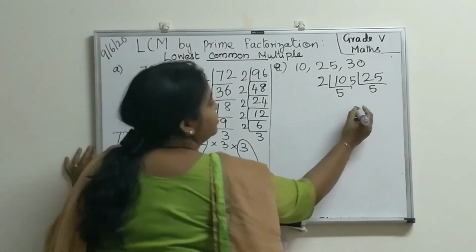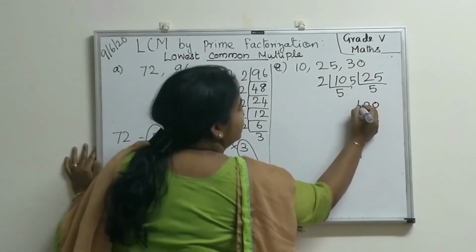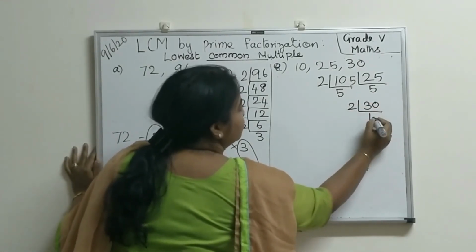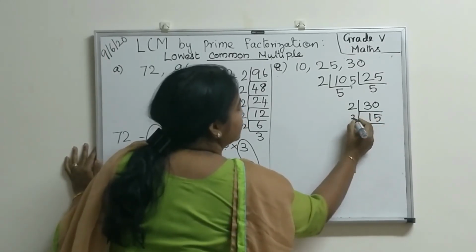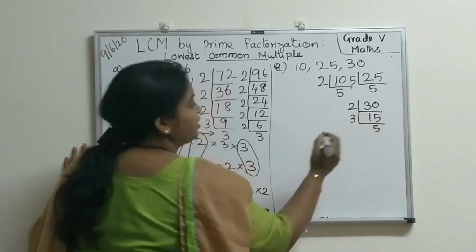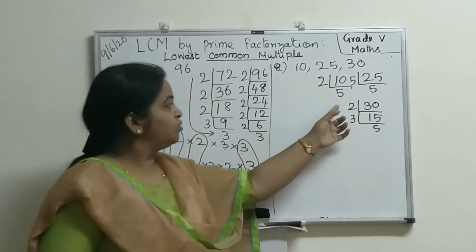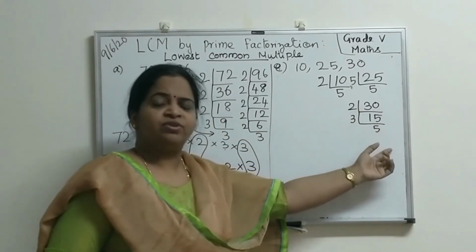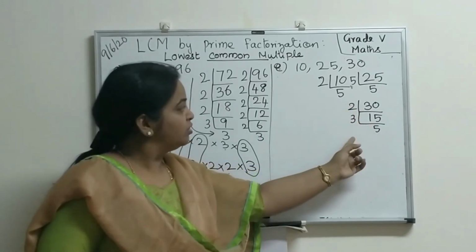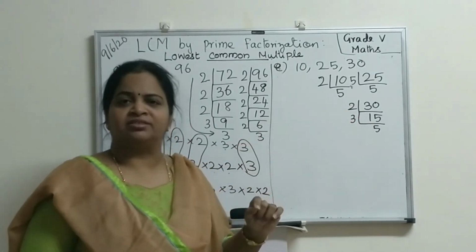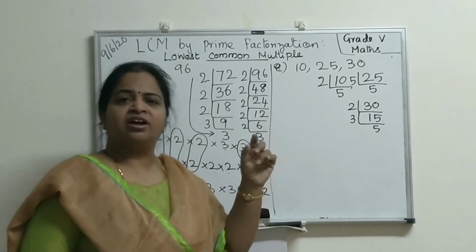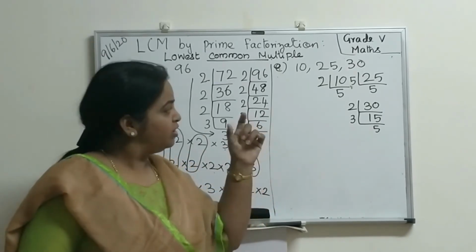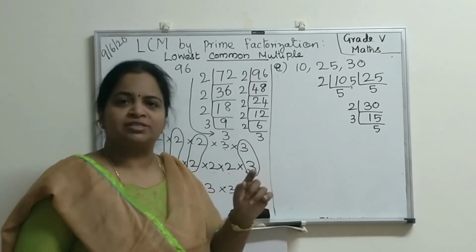I should have taken a big number. 30, how will you do? 15 2s are 30. Here 3 5s are 15. Whenever you are dividing, you have to do only with the prime numbers. Okay, you don't do with 4. Only do with prime numbers, not composite numbers.